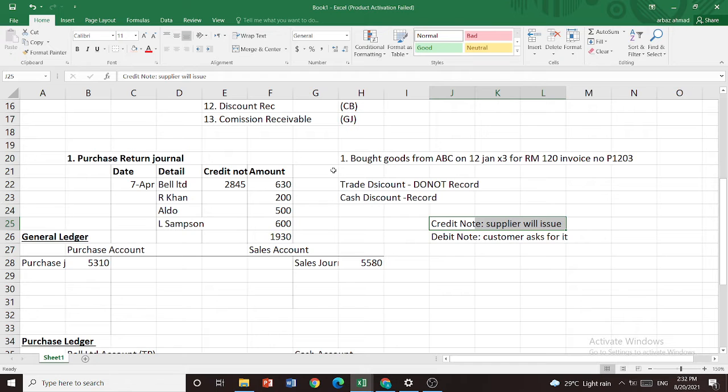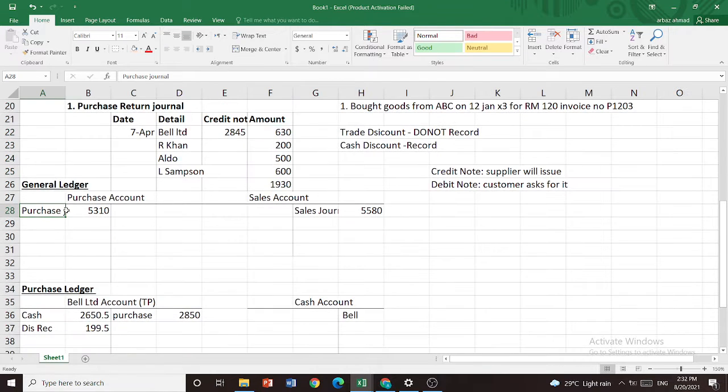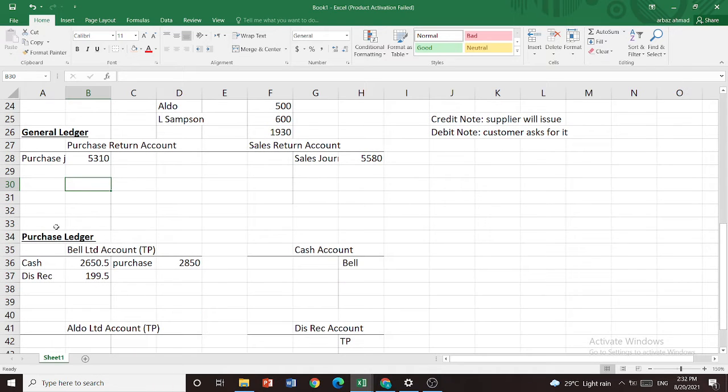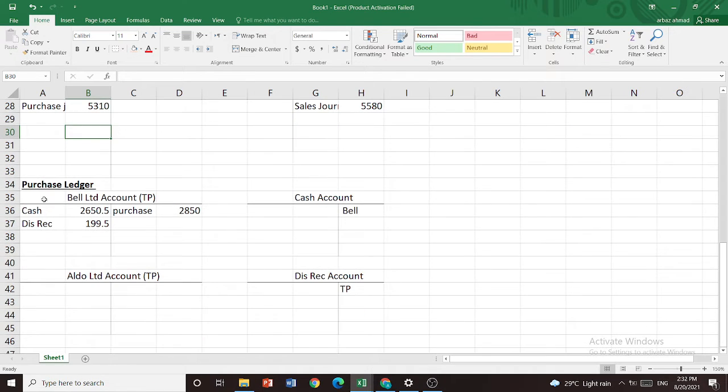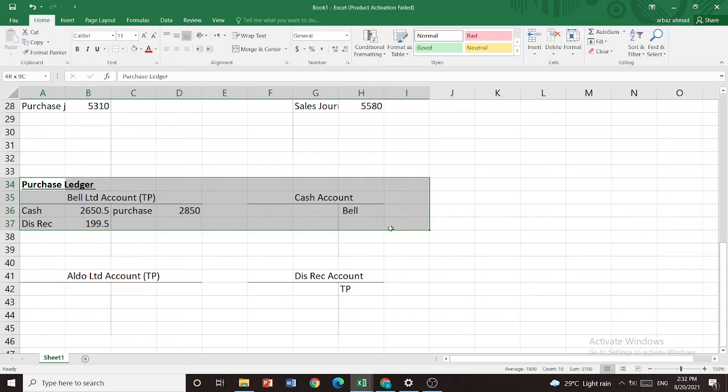So you will have the items like this, and then you can transfer them to the journal. This one will not be the purchase journal, it is going to become the purchase return journal, and this will no longer be the sales journal, it will become the sales return journal. Now this one will stay like this.